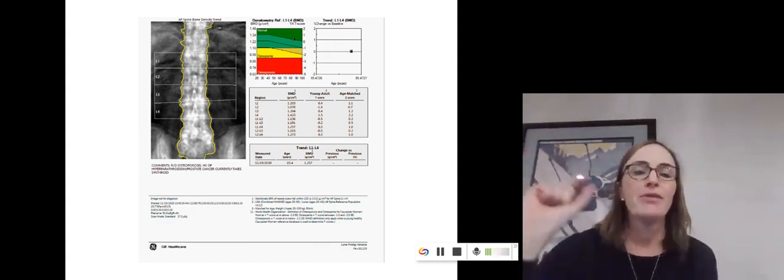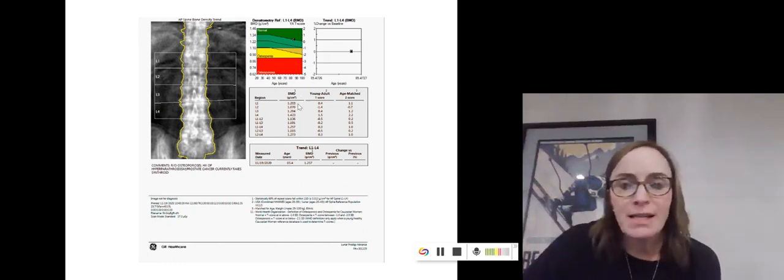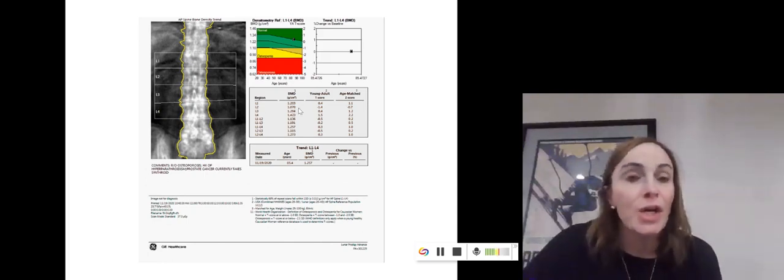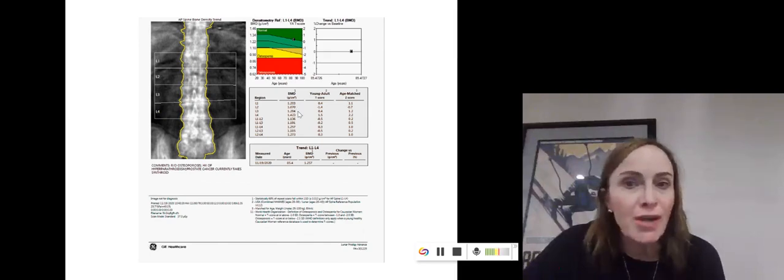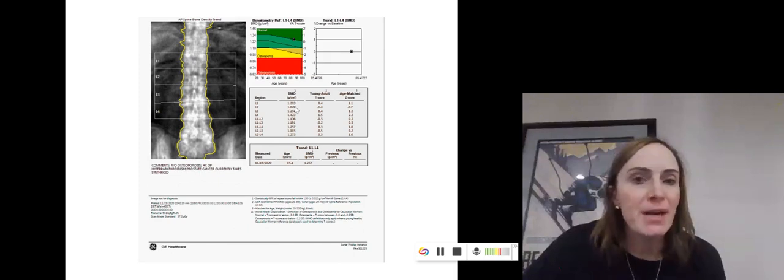So you want to look and see, does my spine get bigger from L1 to L2? No, it actually gets smaller. But from L2 to L3, the bone mineral density gets bigger. And then up to L4, it gets bigger again. So one of the concerns I have with L2, with this drop down in L2, is maybe there's a compression fracture at L2 that I'm missing.